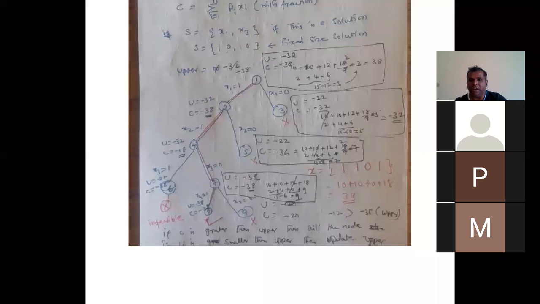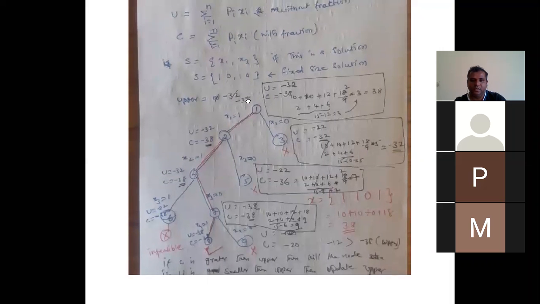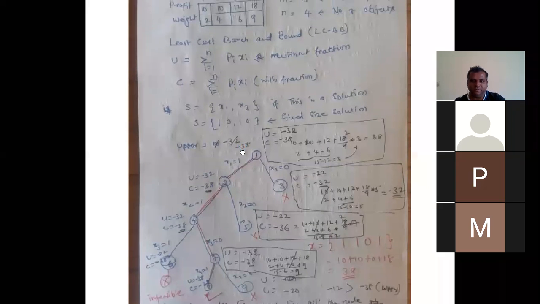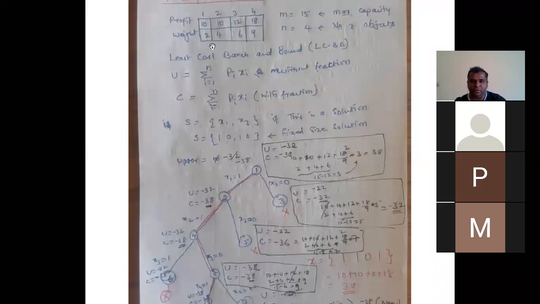The U function is discrete, that means without fraction, and the C function is with fraction.